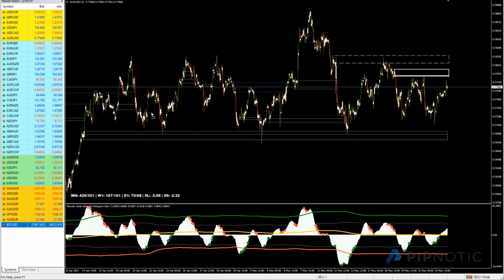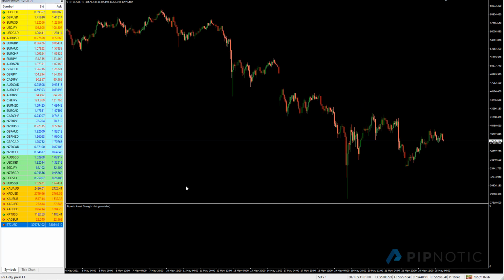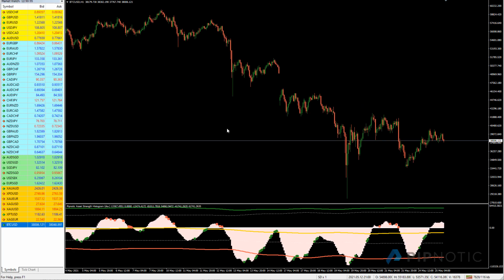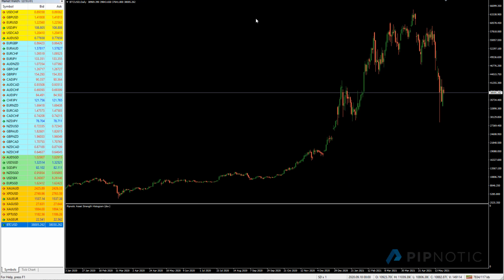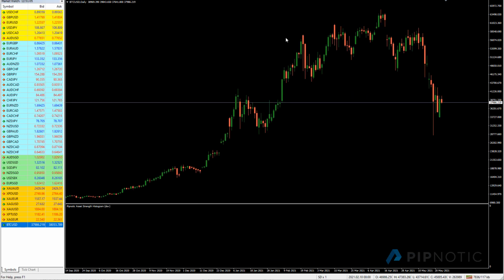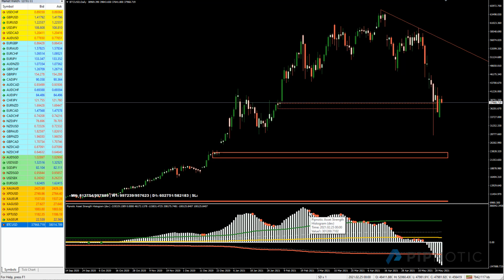It's a very powerful tool that can be used on anything. You can use it on cryptocurrencies if we have a look at Bitcoin. As a matter of fact, the histogram alerted us that we should begin to sell the Bitcoin American dollar before this big sell-off occurred. If we have a look at when it started to occur, you can see here that we were being told to sell here. We were being told that we should start to look to sell around here.